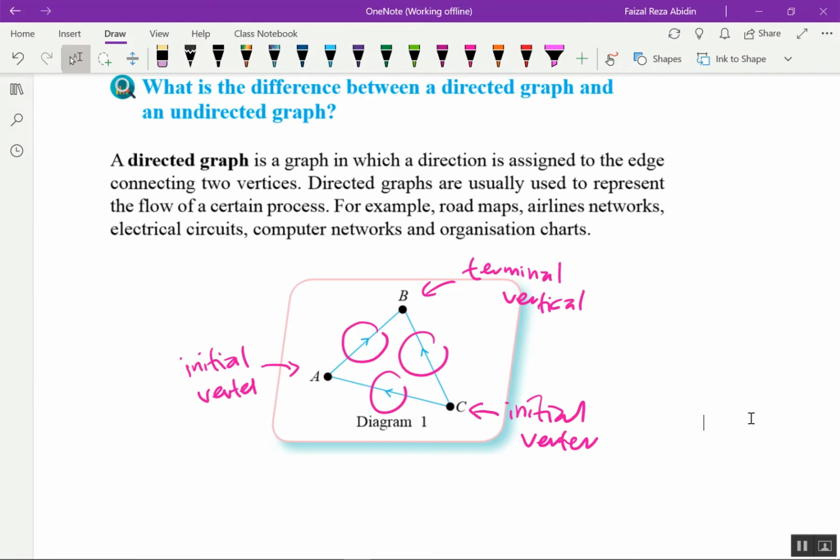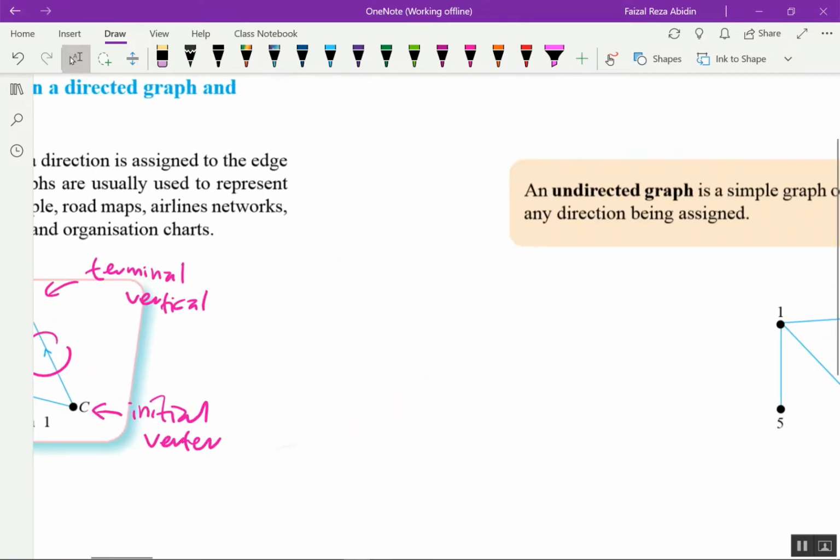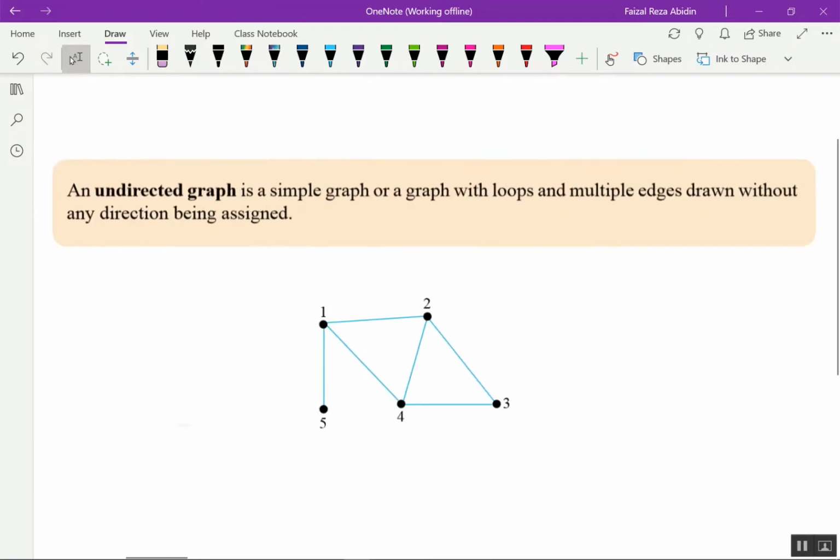All the vertices are connected in one direction only. This one we call a directed graph. For example, road maps and airline networks, you can read in your textbook, page 135.